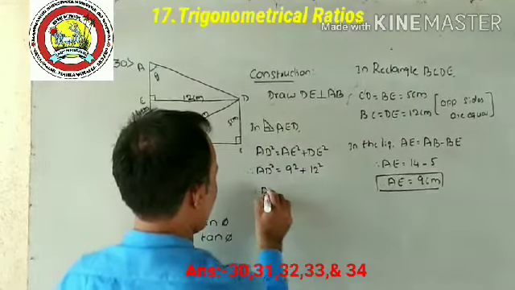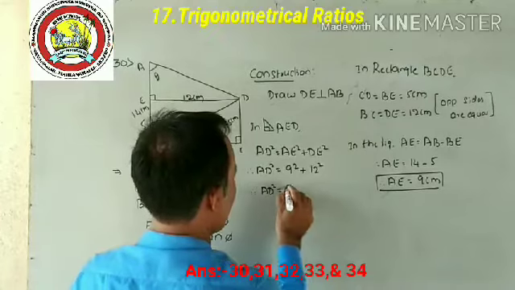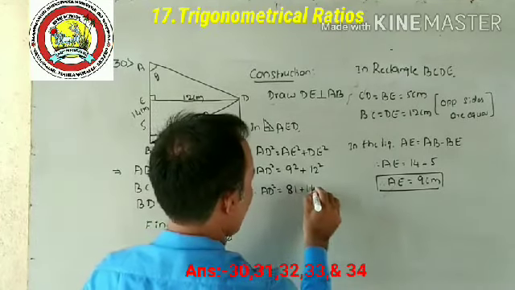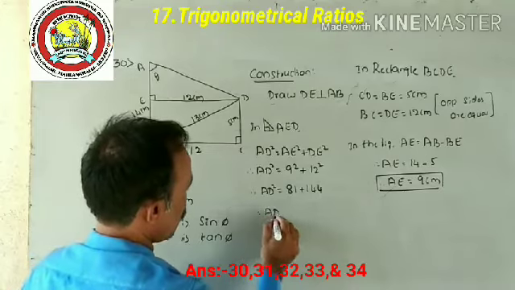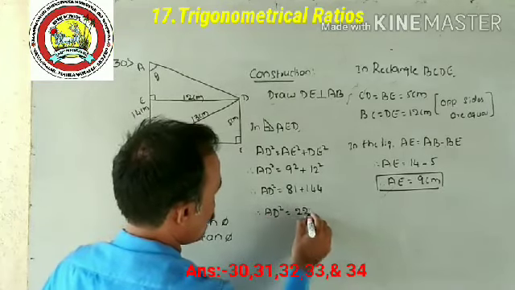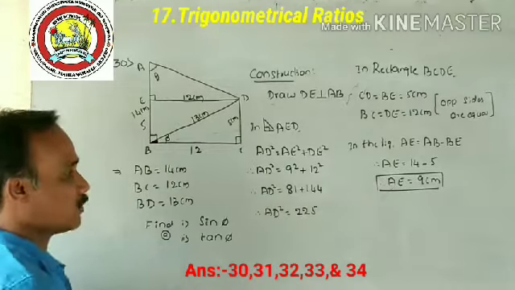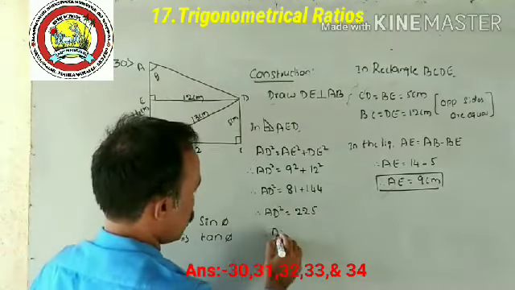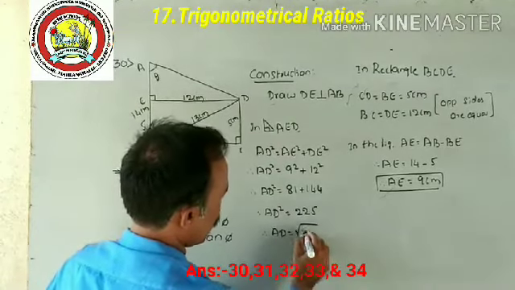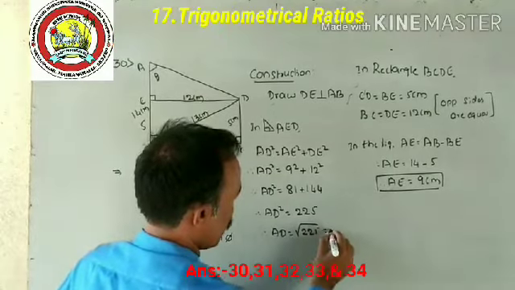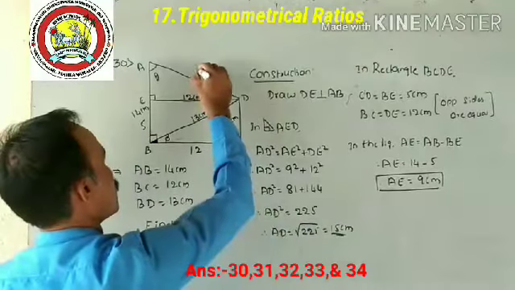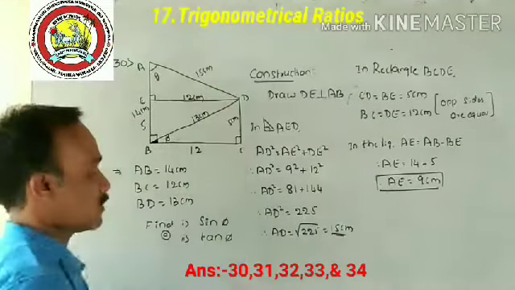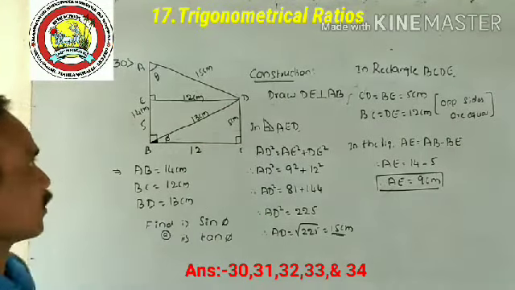So AD square is equal to 81 plus 144, which is 225. Therefore AD is equal to root 225, its value is 15 centimeters. Now consider one by one.